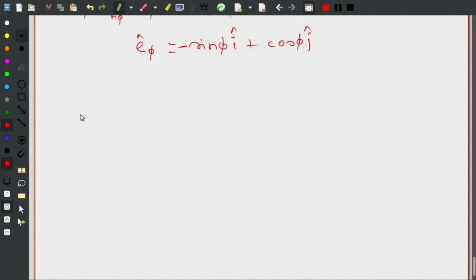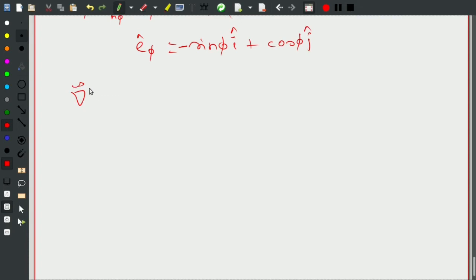So let's try to work out the form of this del, our vector differential operator in the generalized curvilinear coordinate system, so that we can convert the gradient, the divergence, or the curl for this new generalized curvilinear system.